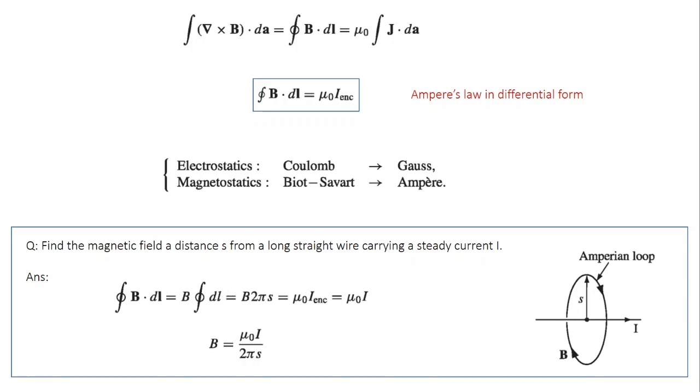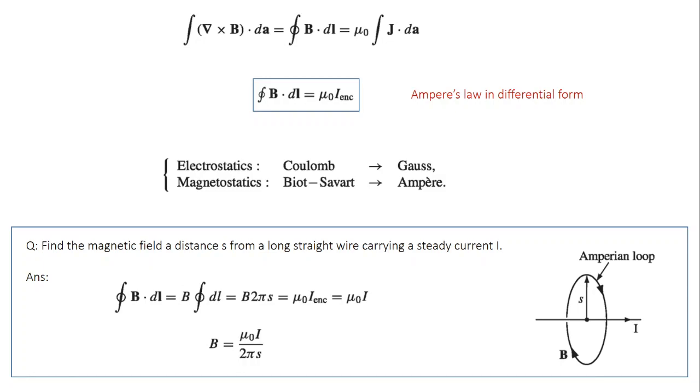On the other hand, the Biot-Savart law you can apply in any condition. Whatever the current configuration, you can apply the Biot-Savart law. The only downside is that it is more tedious. So the scope of the Biot-Savart law is higher, but it is more tedious, whereas the scope of Ampere's law is lower, but it is much simpler.